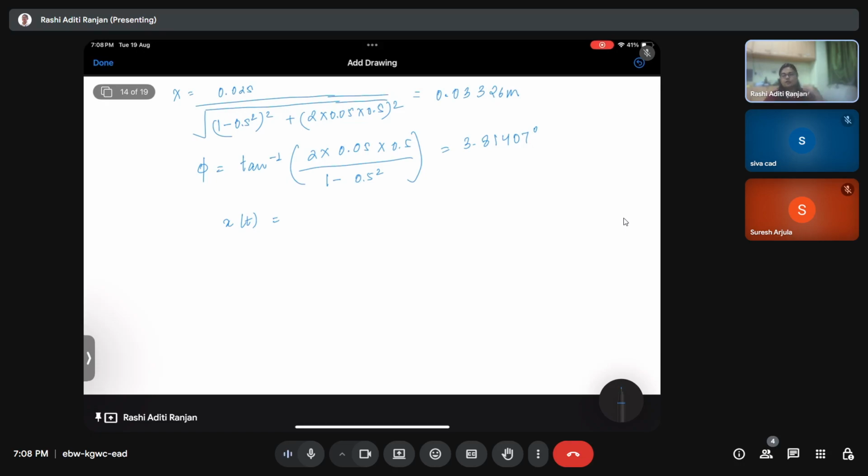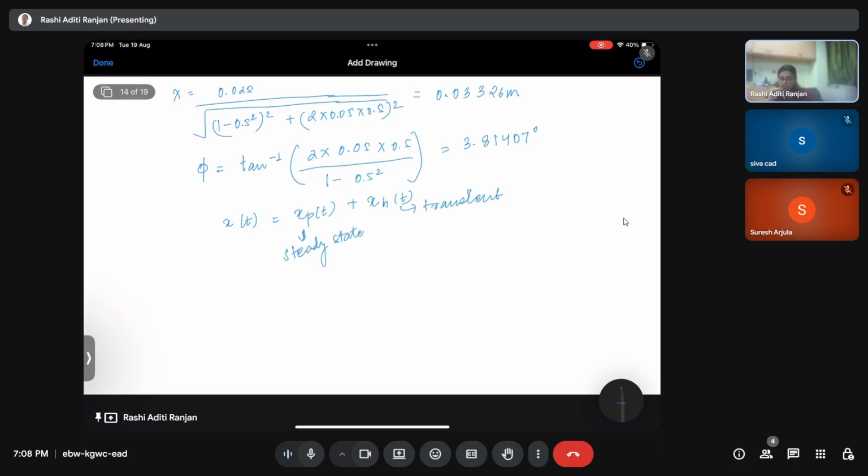One is because of the periodic response which will happen in the steady state, which can be written as x_p(t), right? And the second one is going to be what? The transient response, that can be written as x_h(t). This is because of the transient and this is because of the steady state.